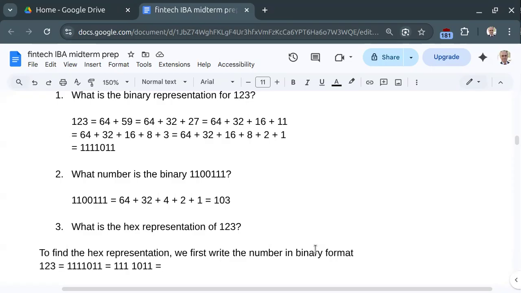But remember, I can always pad zeros to the left of a number, right? They don't have any value. I can pad as many zeros as I want to the left of a number. So that number I can write as 0111 and then 1011.